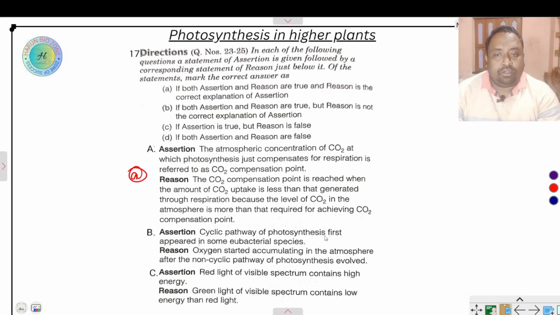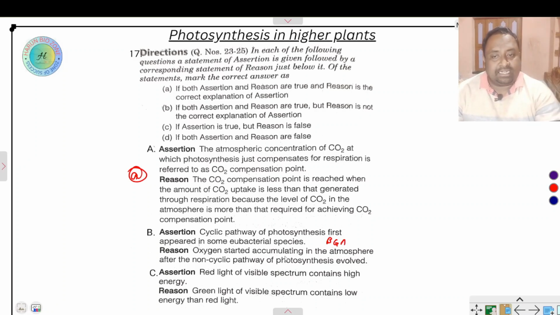Assertion: cyclic pathway of photosynthesis first appeared in some eubacterial species. Definitely the first living organisms were eubacteria, like blue-green algae, BGA; the first photosynthesis appeared in eubacteria like blue-green algae.